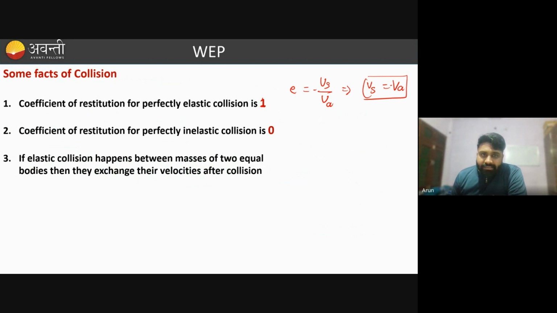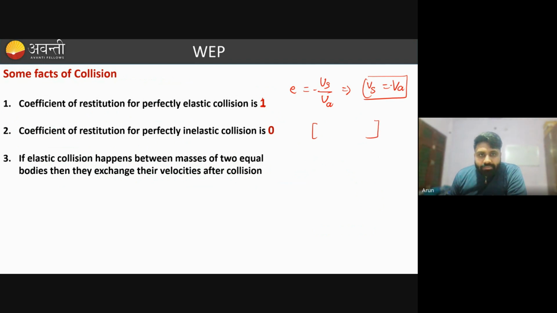You do not have to remember this perfectly. This is true for any elastic collision. If you talk about the perfectly inelastic collision, e is 0, which means velocity of separation divided by velocity of approach is 0. So we can say that after the collision, they will move together.